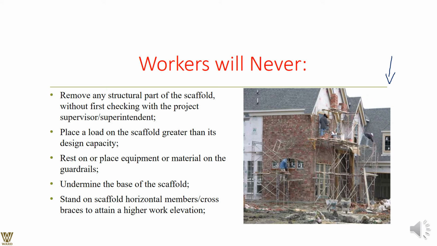So, how do we work around it? Workers will never remove any structural part of the scaffolding without first checking with the project supervisor. We have to understand what workers are going to do. It is the responsible person who has to give a nod before anything goes away.